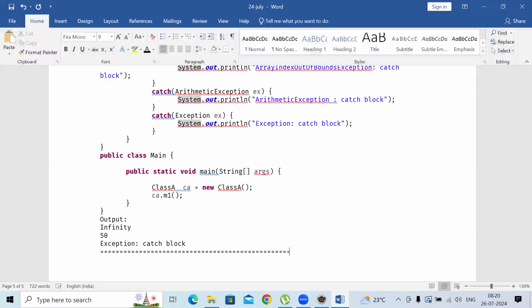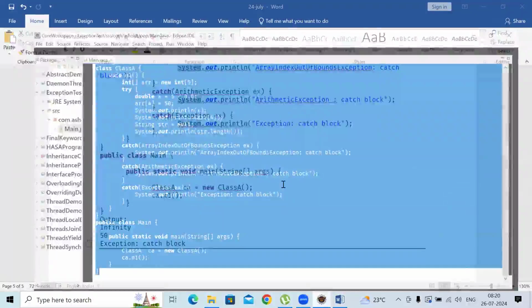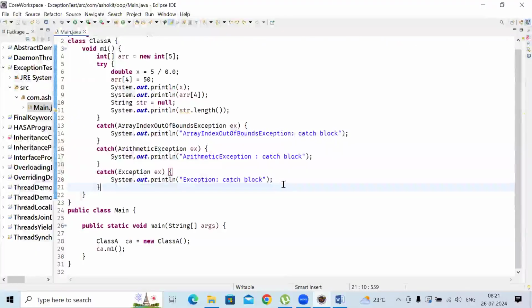Nice. Now again, listen to me clearly. Next, see the same example, guys. I'm just giving the same example. I have written totally how many catch blocks here? 3. Okay.